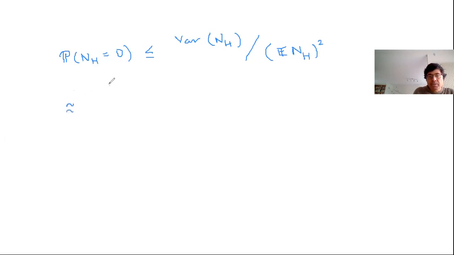The variance was the sum over H prime subset of H consisting of at least one edge of n to the 2 times vh minus alpha eh minus vh prime minus alpha eh prime.